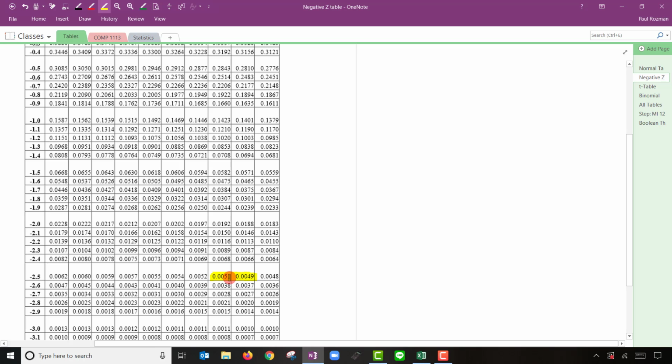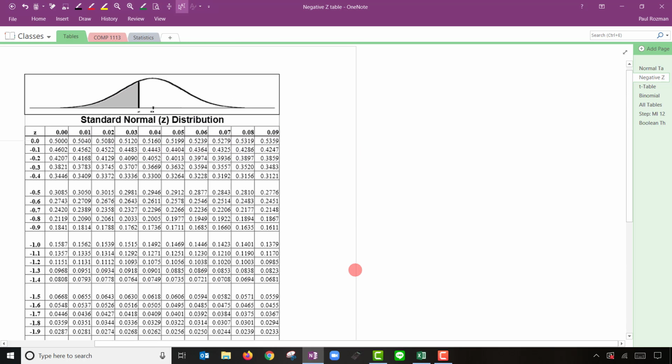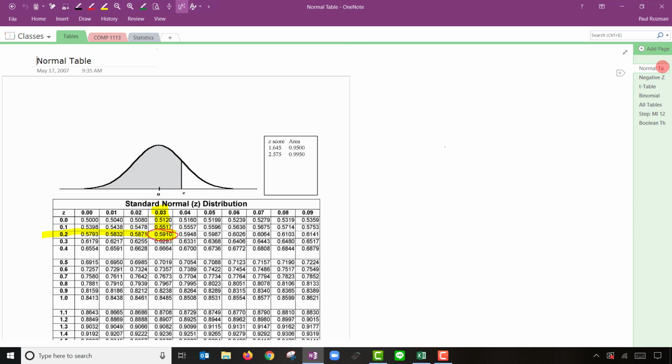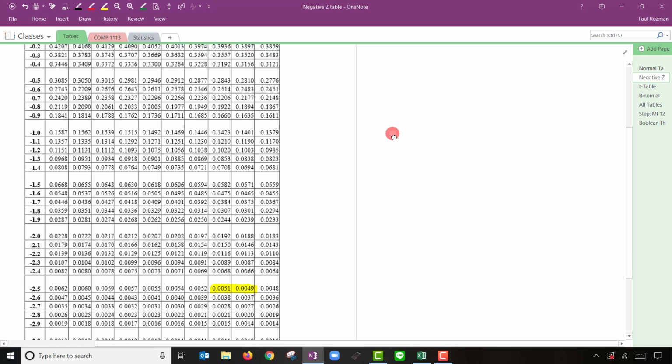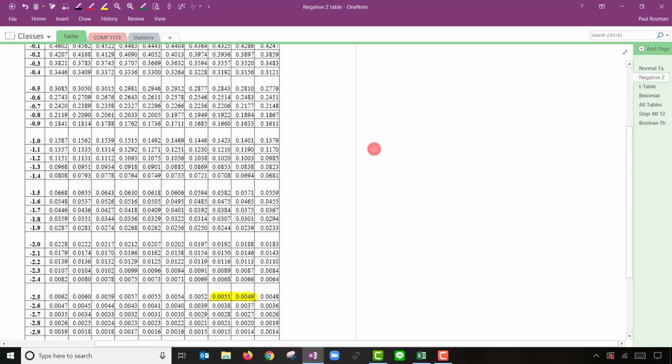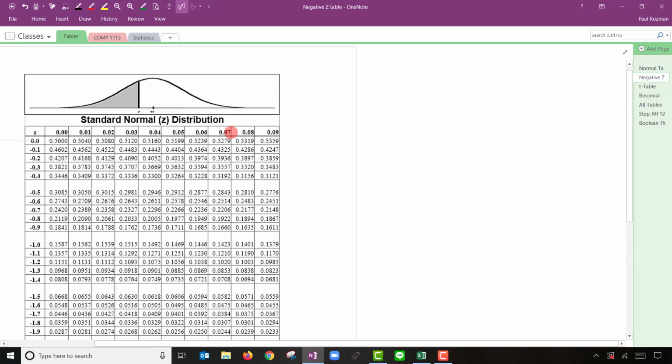In fact, that one happens pretty frequently. If we look at our positive version of this table, it was exactly halfway in between. So our z-score is 2.575. We can actually add 1 decimal place of precision. If we went back to the negative version, you could see it's between these two, but it's exactly halfway between those two.